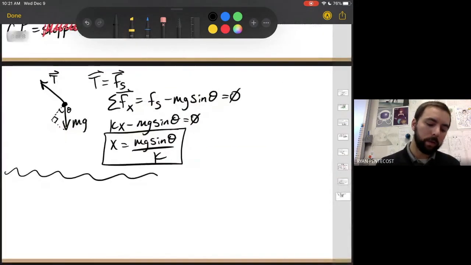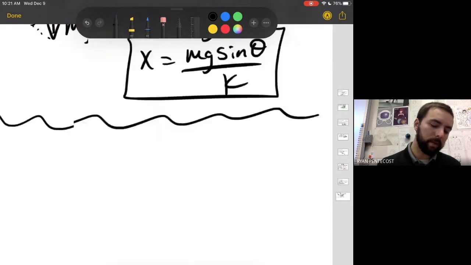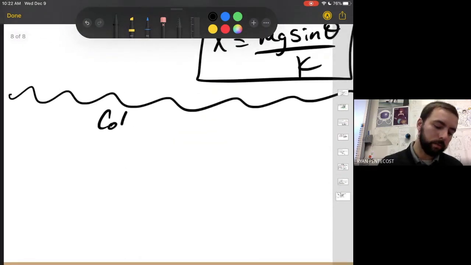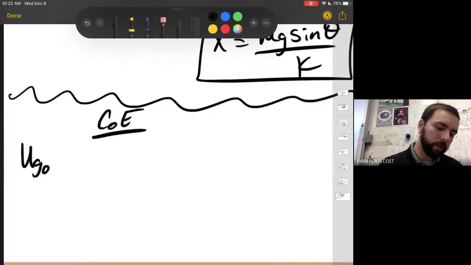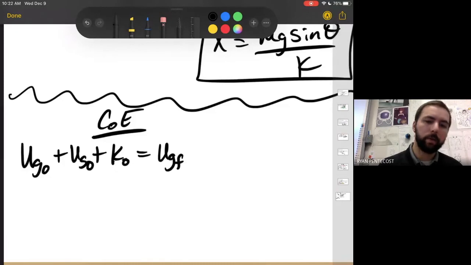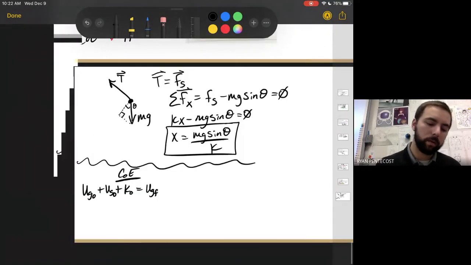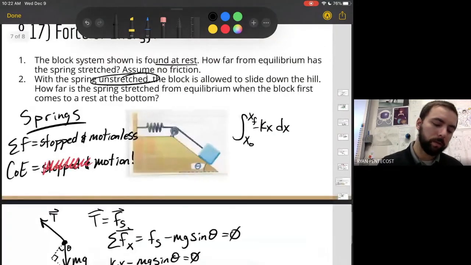So let's look at this. We have conservation of energy, right? We would have gravitational potential energy, spring potential energy, and kinetic energy. We don't have any friction, right? Assume no friction.